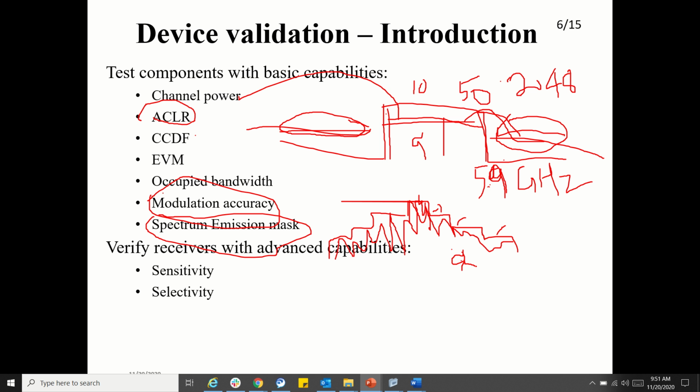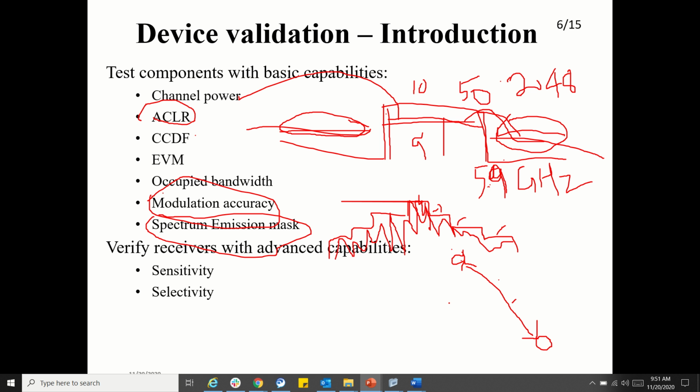You have a satellite and a ground station, and the signal travels thousands of kilometers and then reaches the ground station antenna. The power is in terms of milliwatts, but you also have path loss and the noise floor, and the noise floor is also in milliwatts.